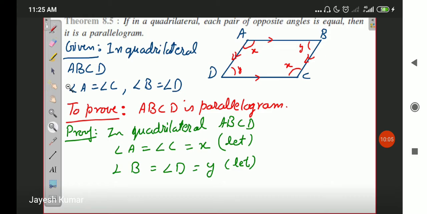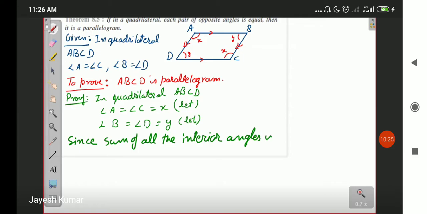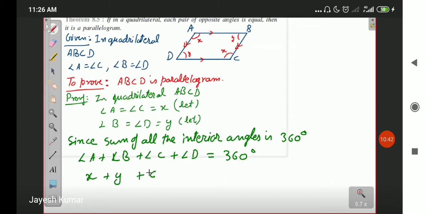Okay. Now what we are going to do is we are going to say that in this quadrilateral, since the sum of all the interior angles is 360 degrees, that means angle A plus angle B plus angle C plus angle D can be said as 360 degrees. Now the value of angle A was x, angle B was y, angle C was x, angle D was y, and that is 360 degrees. x plus x, 2x, y plus y, 2y is equal to 360 degrees.